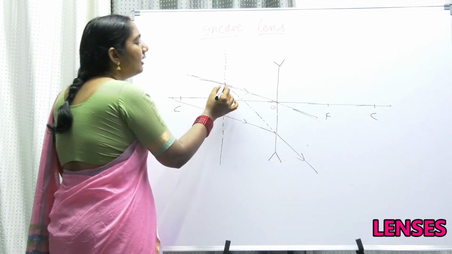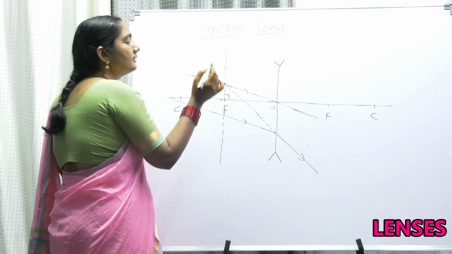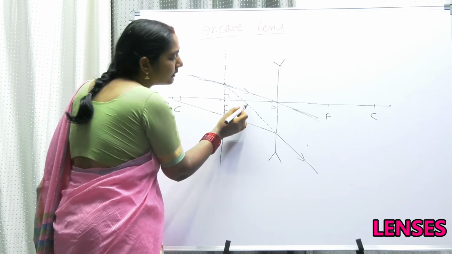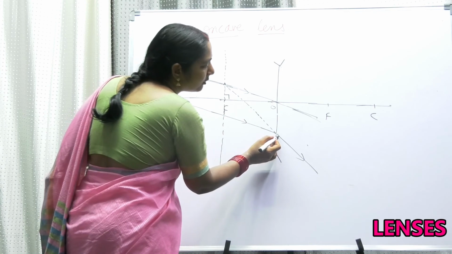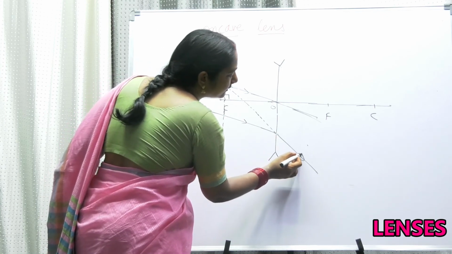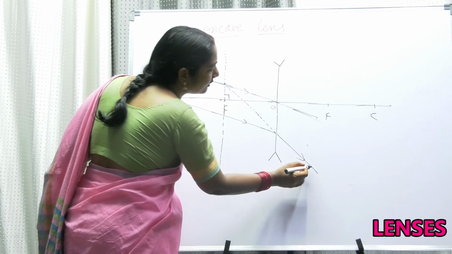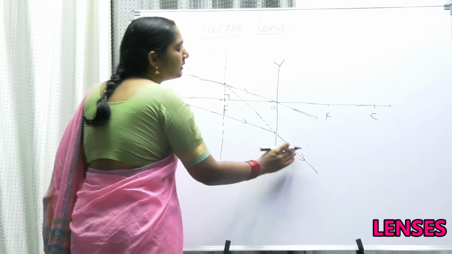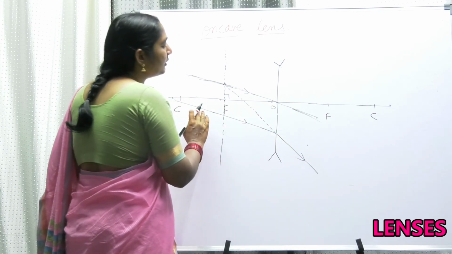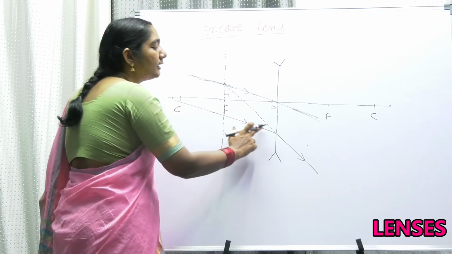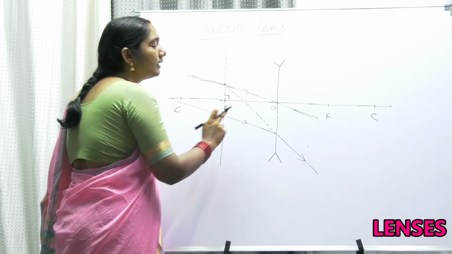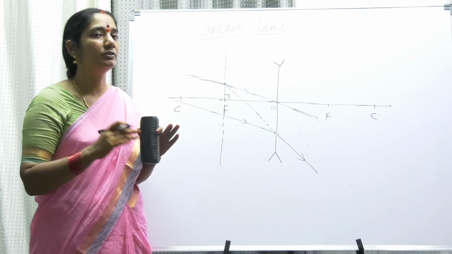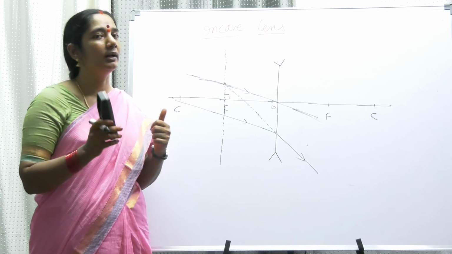Identify the point where it cuts, and through this point, extend this. This is the ray, this is the amount of deviation you have to give. Now I think you understood how much the ray must be deviated if it is not a parallel ray. When the ray is not a parallel ray, this is the rule that you have to follow. Please use a pencil and a scale and draw. You can understand. Thank you.